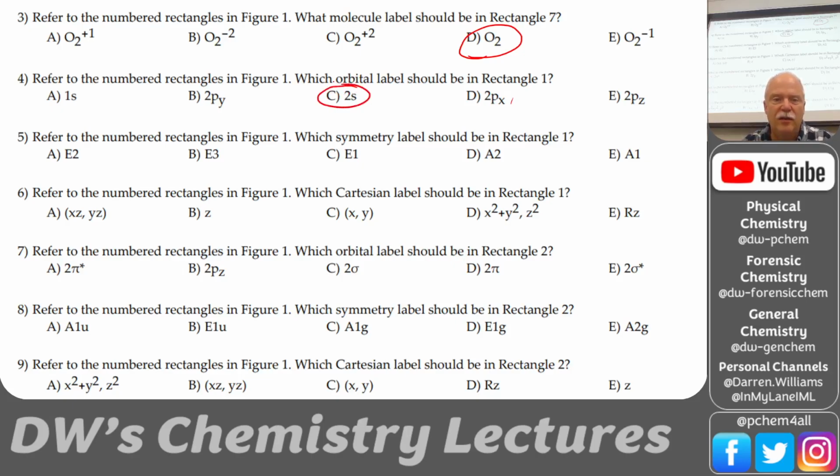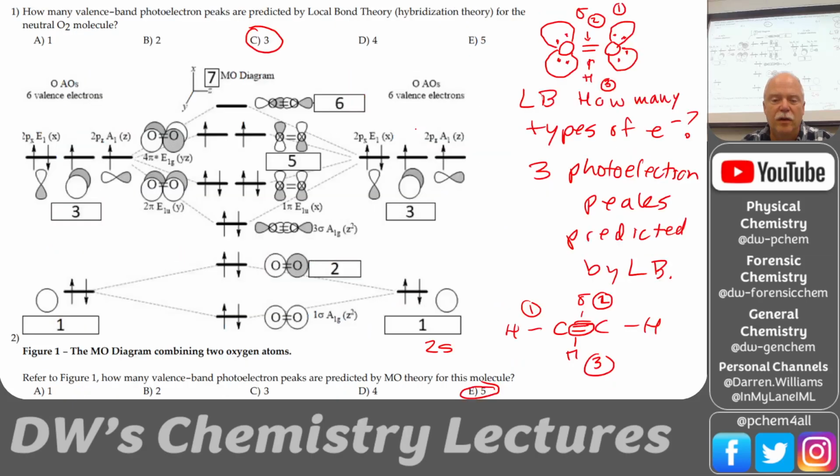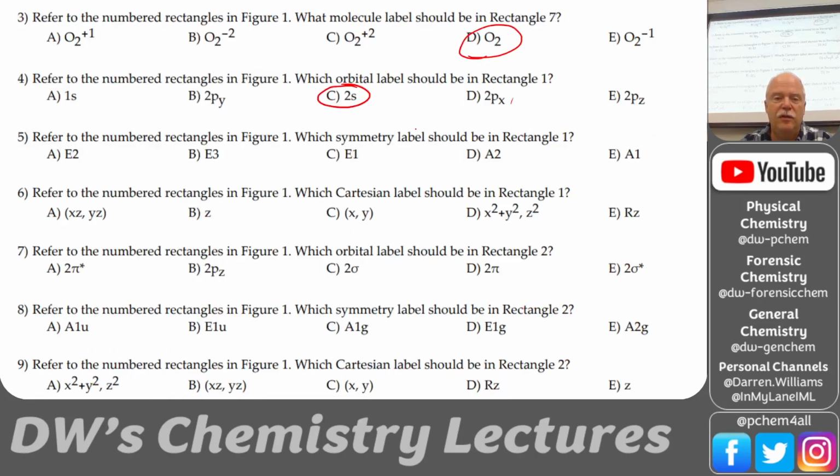Refer to the numbered rectangles. Which symmetry label should be in rectangle 1? Rectangle 1 would be the 1s orbitals, and again, the s orbitals are going to be the top row. So top row would be A1g for this molecule. We don't have the A1g on here, but it's A1.